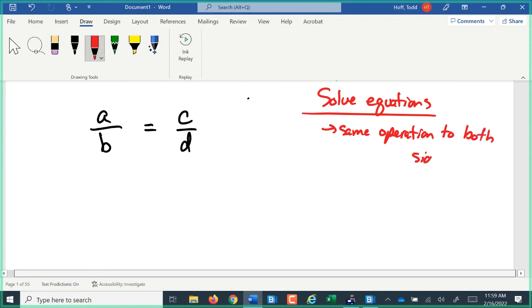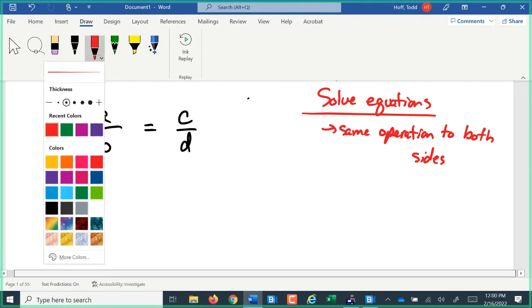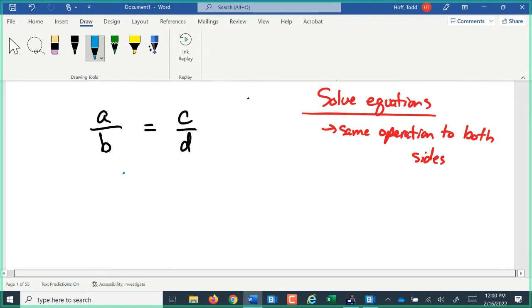I can add, subtract, multiply, divide. I could do powers and roots if I wanted to, and it would still keep the equation equal. But what I'm going to do here is multiply both sides by b.